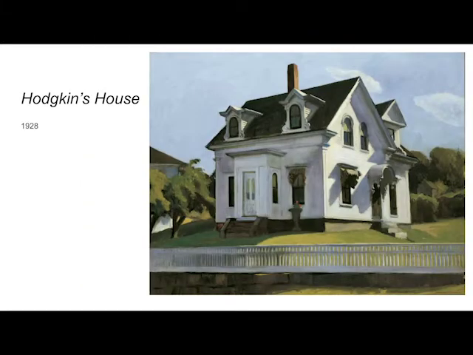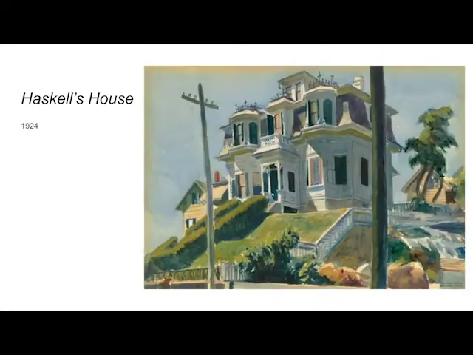Here's another one of Edward Hopper's houses. You could ask yourself the same questions. But notice in this one, do you think you'd hear any children running around playing? I don't see any people. I wonder who lives there. I've seen a house like this before.